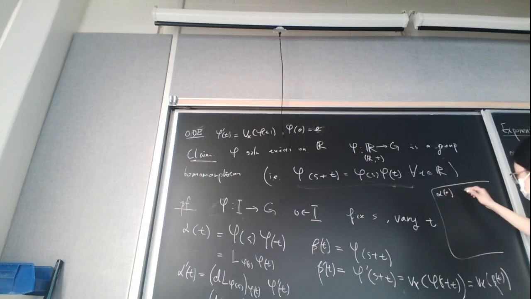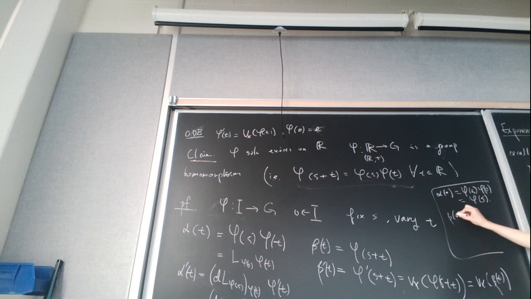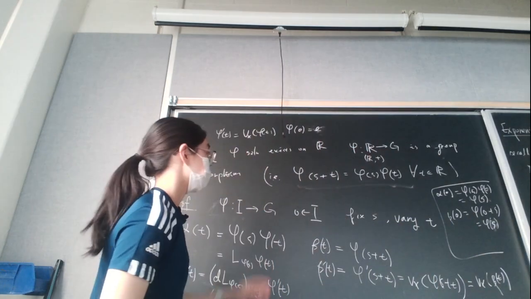So alpha of 0 is equal to phi of S times phi of 0, and phi of 0 is equal to identity, so this is just phi of S. And beta of 0 is equal to phi of 0 plus S, which is phi of S. Yeah, and by existence and uniqueness, they are the same.